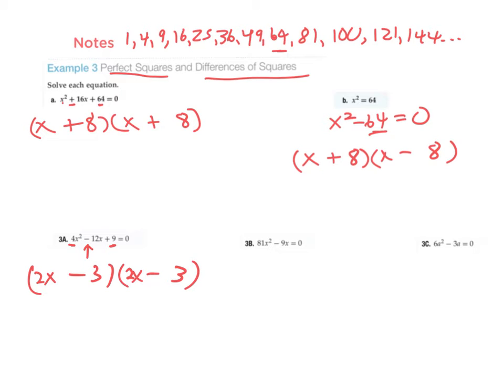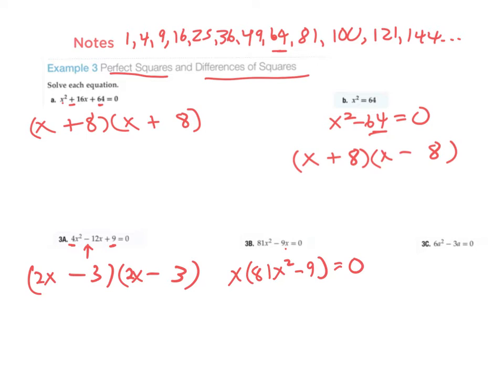Our next problem, the problem is that we have an x here, and that x can be factored out because x is not a perfect square. It has to have an even exponent on the ends, and we've had that before, an x squared, an x squared, an x squared, but we have an x here. So I'm going to factor out the x, which gives me an 81x squared minus 9 equals 0.